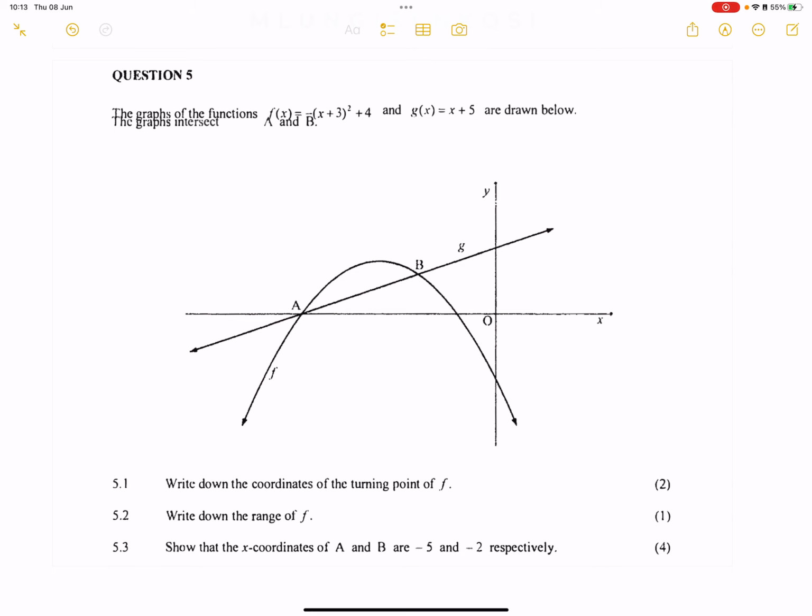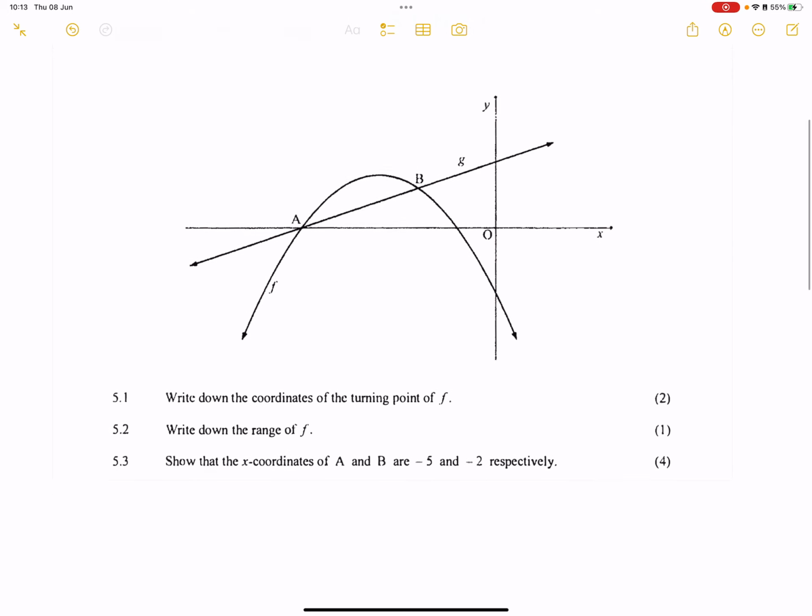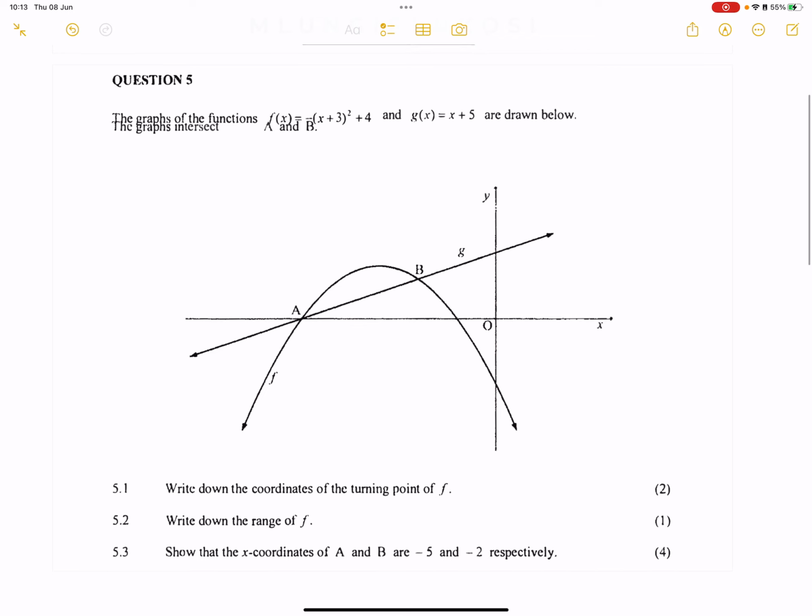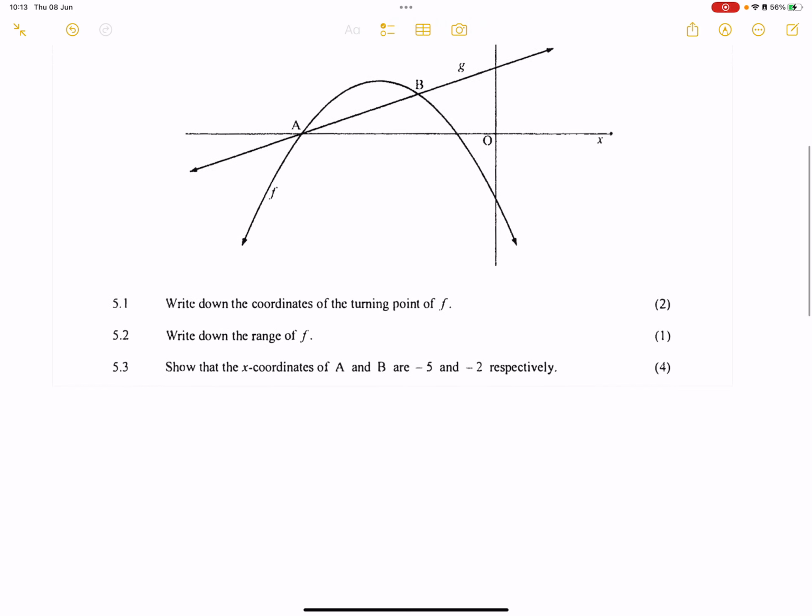So we've got the graph of f of x, which is minus (x plus 3) squared plus 4. Okay, so I'm just going to write that down. Now, we know that if you are given a parabola in this manner, it means that they've already given you the coordinates of the turning point.